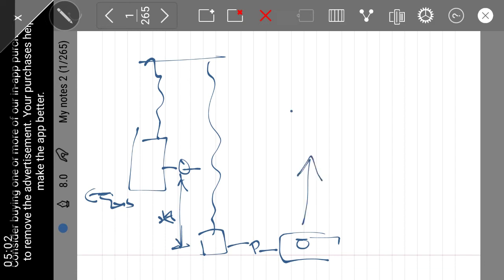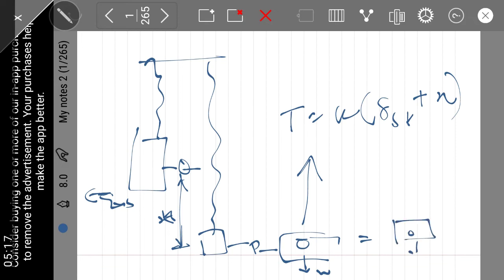The tension will therefore be K times the static extension plus this x extension, and this is the weight acting, and the weight is equal to ma, which is equal to m x double dot.